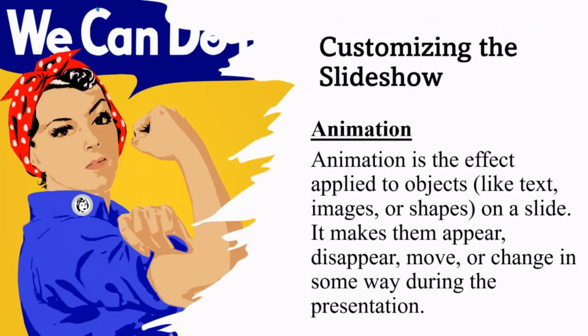Animation. Animation is the effect applied to objects on a slide. When we refer to objects, we're talking about things like text, images, or even shapes. Whenever you see them in a presentation appearing in a unique manner, disappearing, moving, or changing in some way during the presentation, then you know that animation was applied to them.